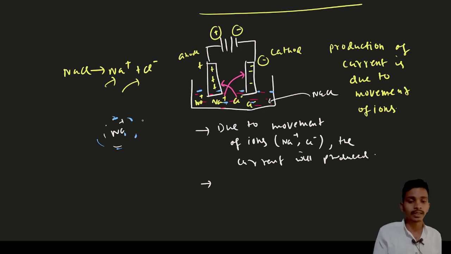So how much speed it has to reach the cathode? If it is high speed, then a larger amount of current will be produced. If it is less speed, then less current will be produced.